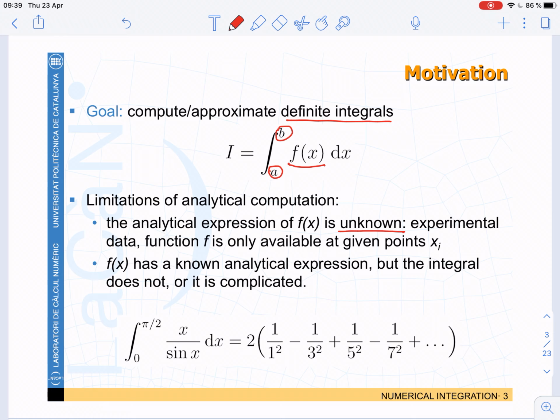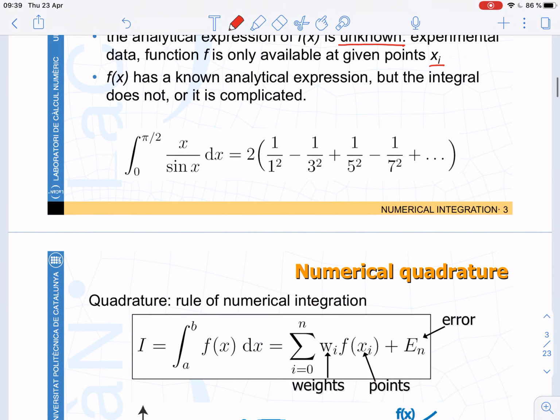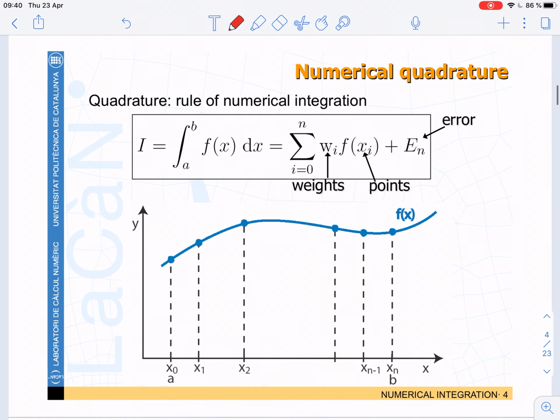Maybe f is a black box, so we can evaluate f for a given point, but not see its analytical expression. Maybe f is only available at some given points xi, so f is given in a discrete manner with no analytical expression. And maybe even if f has a known analytical expression, it's difficult or simply impossible to obtain a primitive. In all these cases, we can use a numerical quadrature.